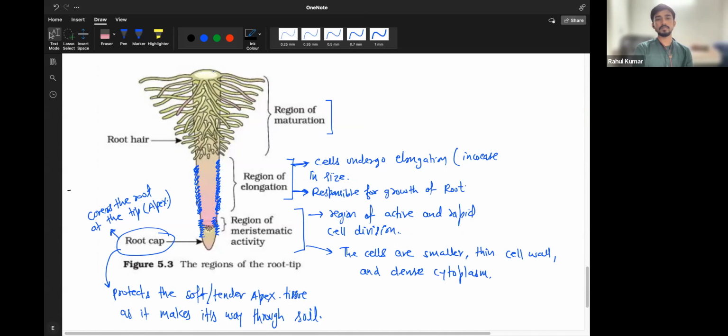So write down, when the cells from the region of elongation differentiate and mature, then they form the region of maturation.